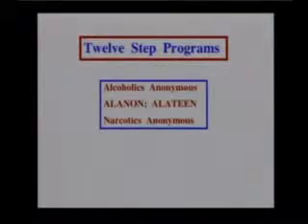Alcoholics Anonymous is sometimes referred to simply as AA, and it is by far the most effective means of dealing with alcoholics. It's much more effective than all the psychiatrists and social workers and nurses put together. The principle with Alcoholics Anonymous is that this is a group of alcoholics. Everyone who belongs to AA is an alcoholic, and they support each other.